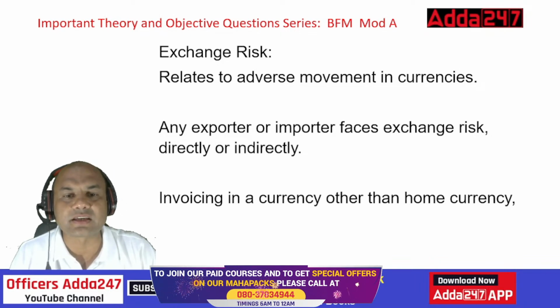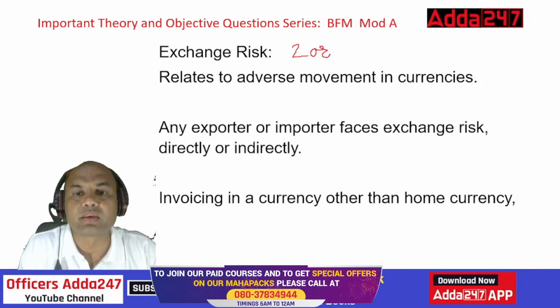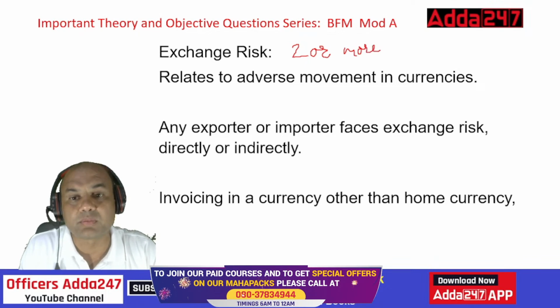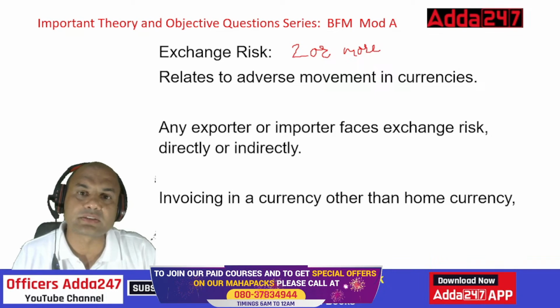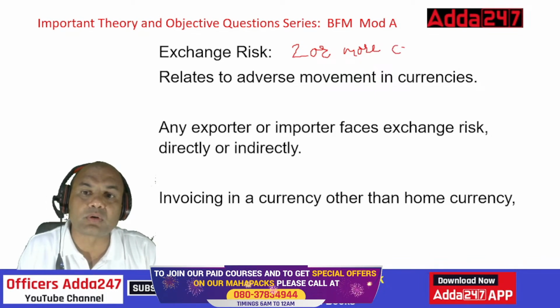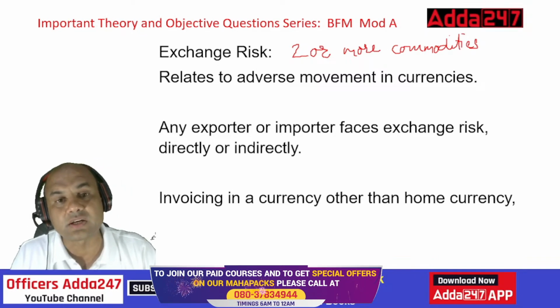So exchange risk arises when you have two or more commodities. See here, it's called commodities. Rupee is also commodity, dollar is also commodity, everything is commodity. Two or more commodities you have, which are to be exchanged with each other. That's why the rates are to be fixed. How do you decide on the rates?